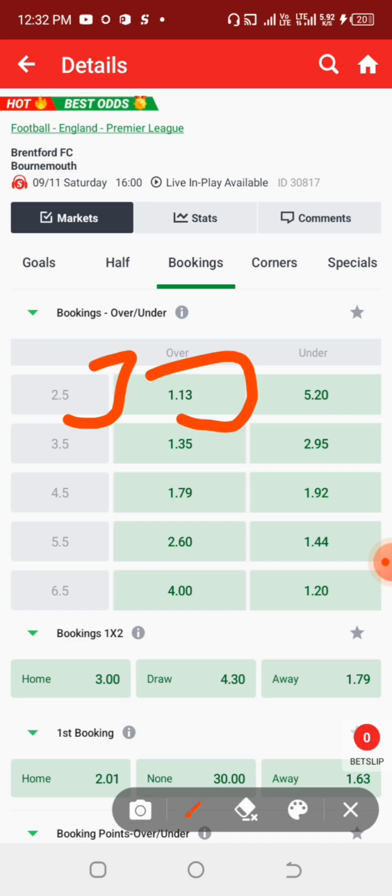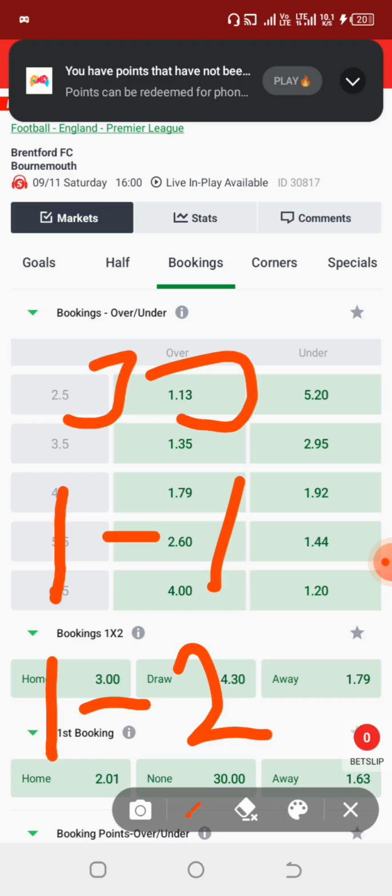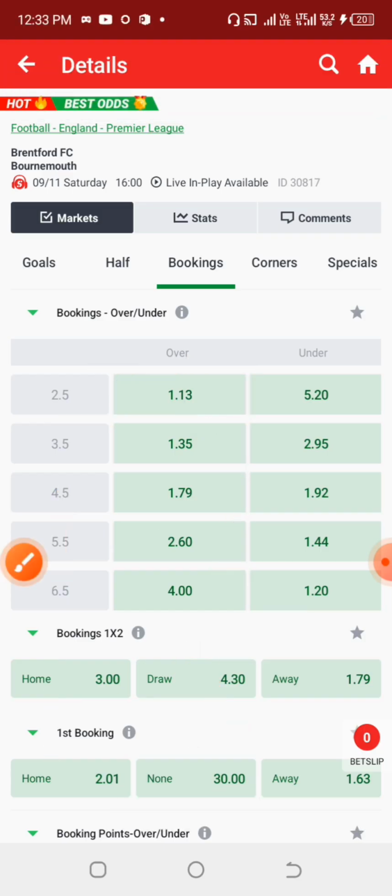I don't know how to explain this to make you understand better. Imagine that the home team had 1 yellow card and 1 red card. 1 yellow card means 1 yellow card, right? But in this situation, 1 red card means 2 yellow cards. Adding 1 and 2 together, you got 3.